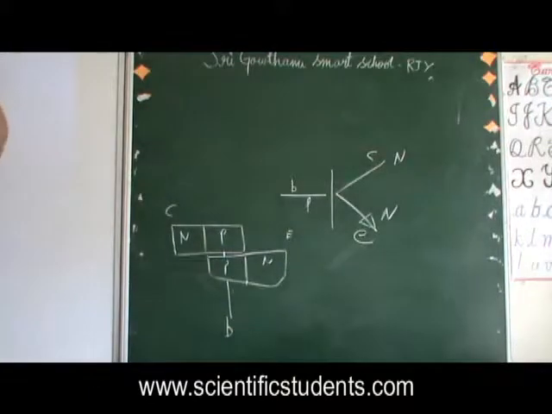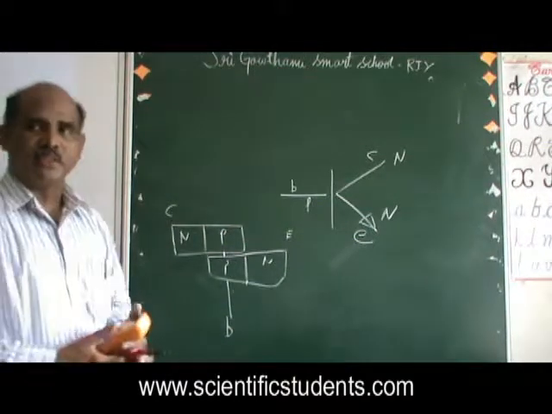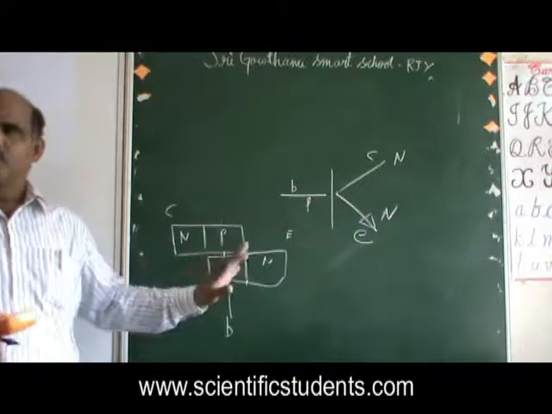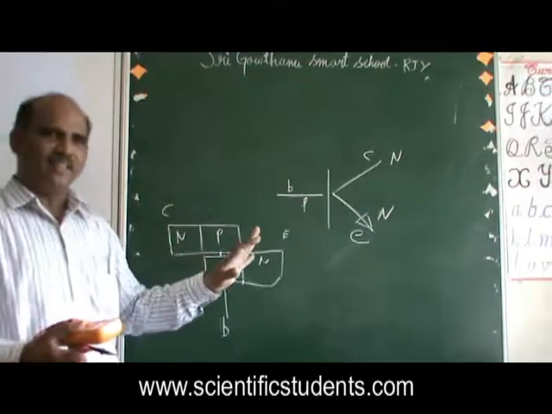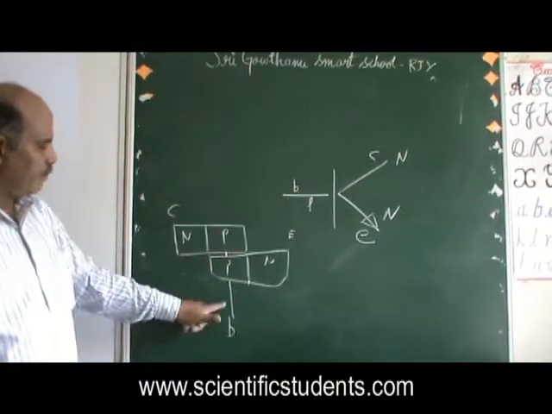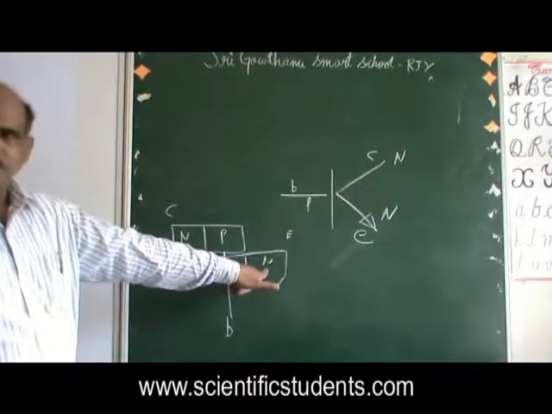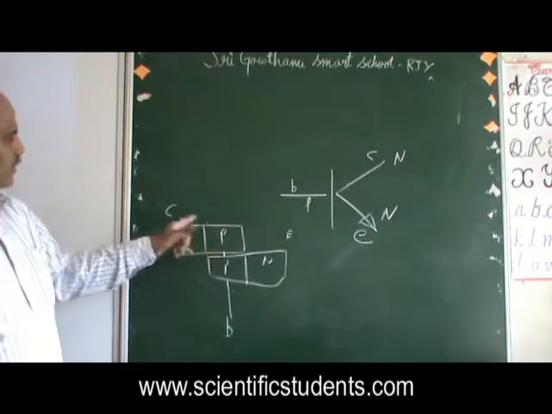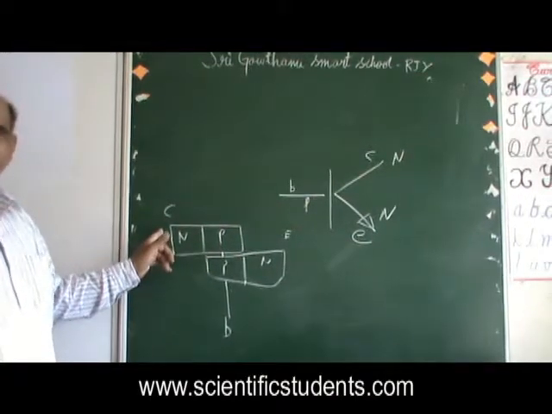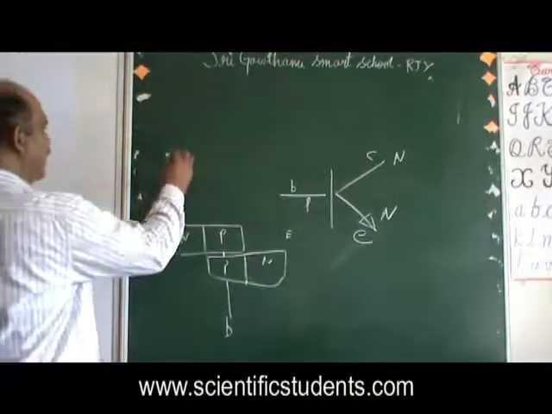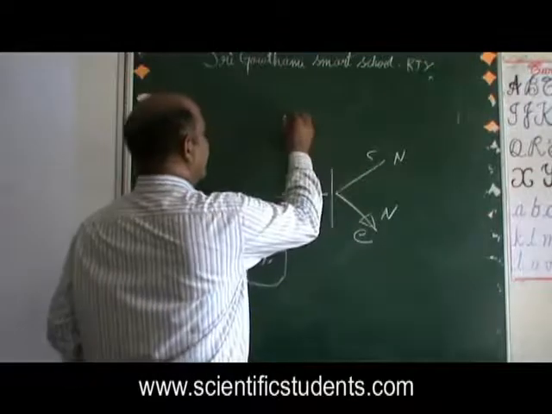So to check whether the transistor is working, short circuited or open circuited, take base to emitter as one PN junction, one diode, and base to collector as another PN junction.